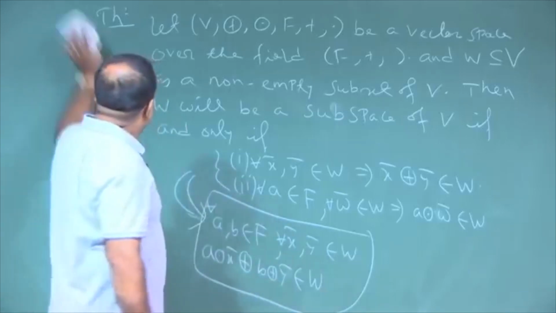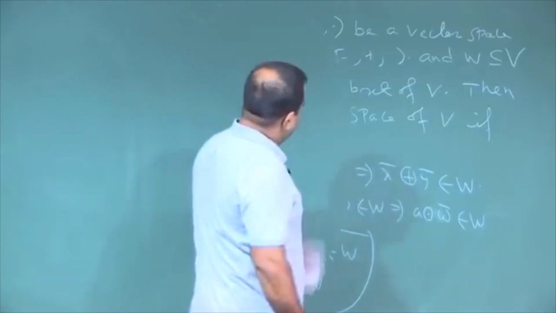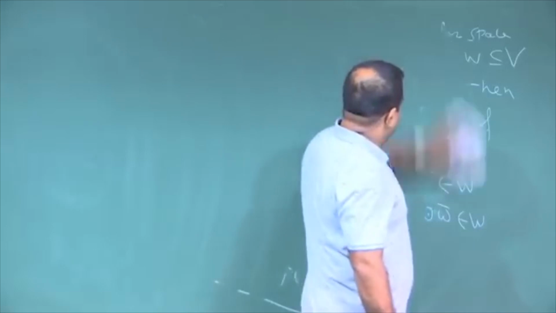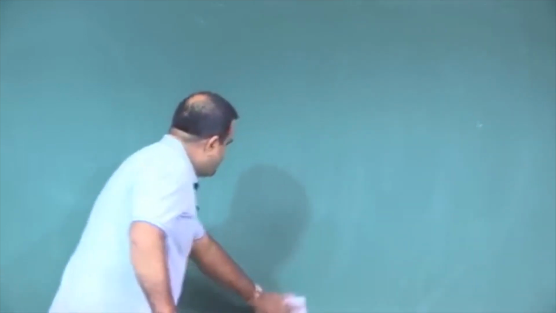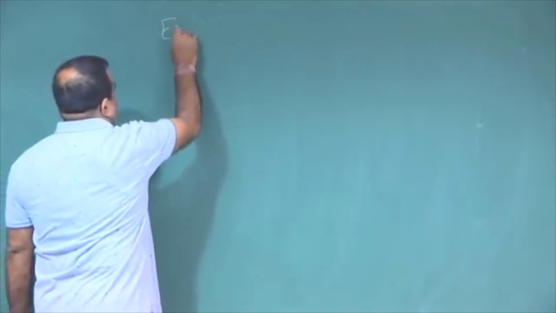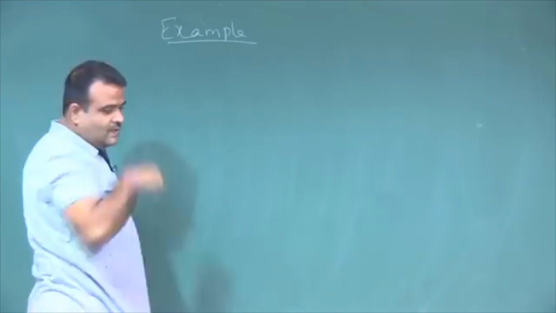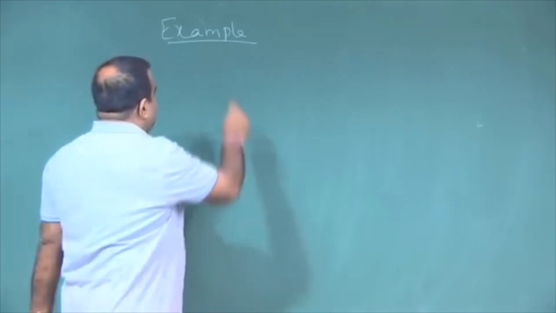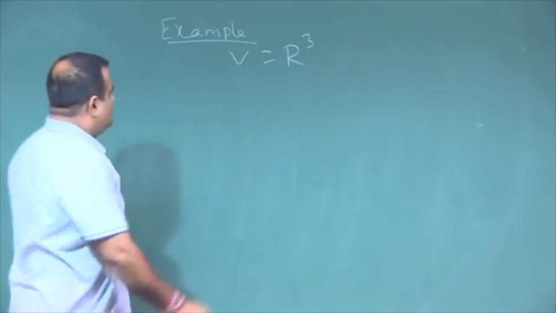Okay. Now, we will take some examples of subspaces. We can take a vector space R 3.